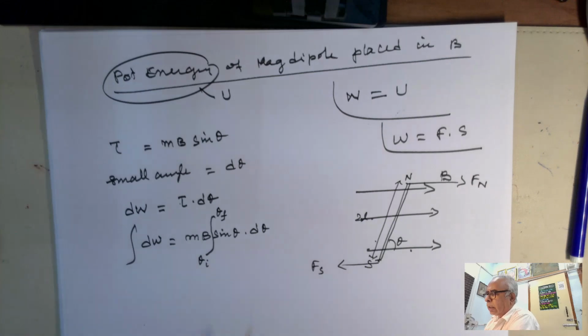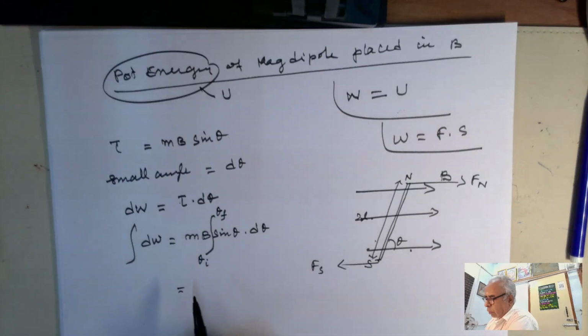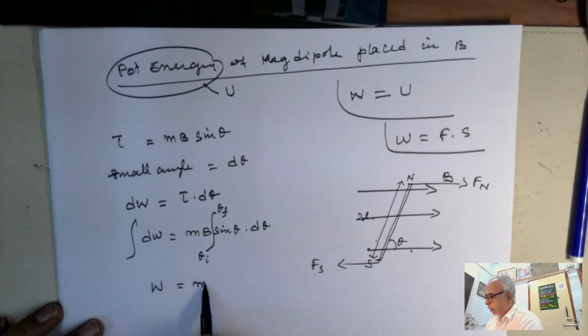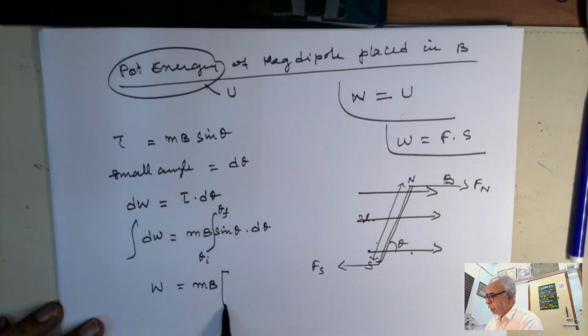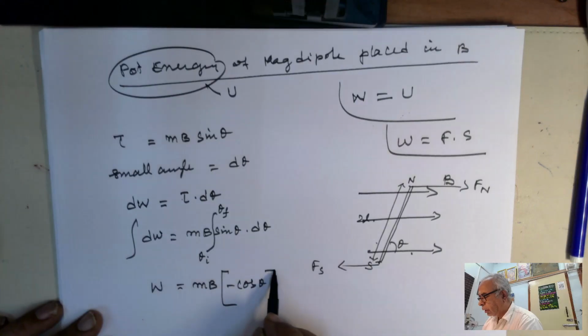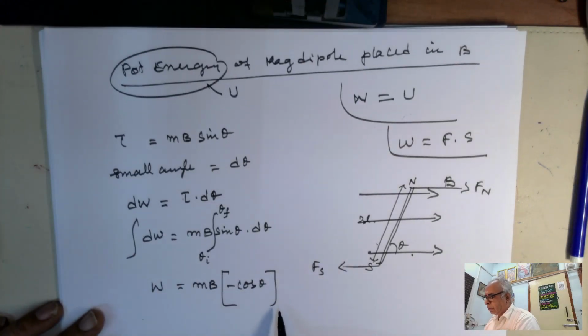The integral of dW is W, equal to mB into, as you know very well, the integration of sine theta, which is minus cos theta, between the limits theta i and theta f.